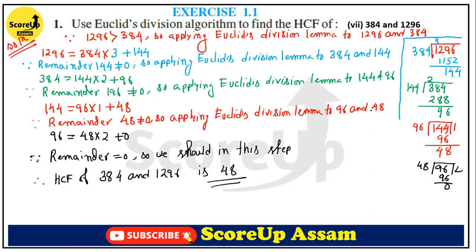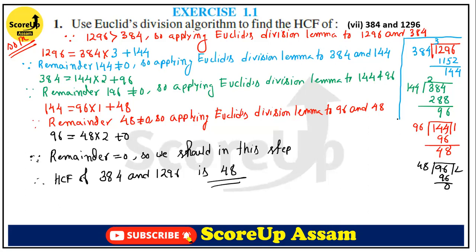Is it clear to everyone? Let's check it. Okay, so the HCF of 384 and 1296 is 48.